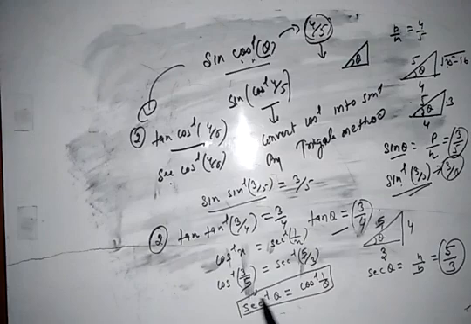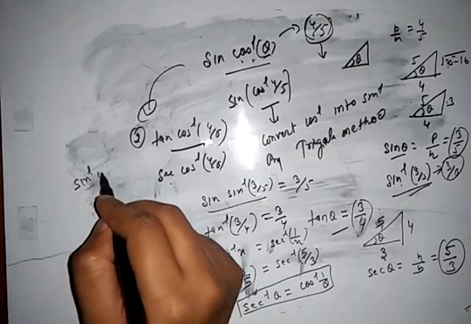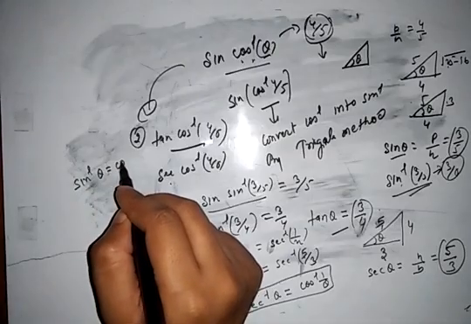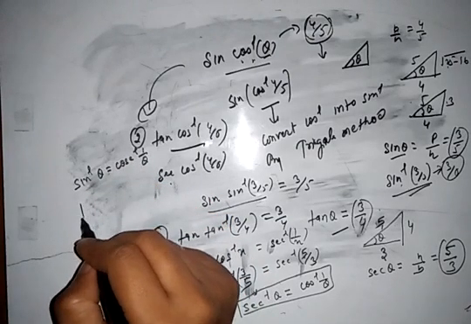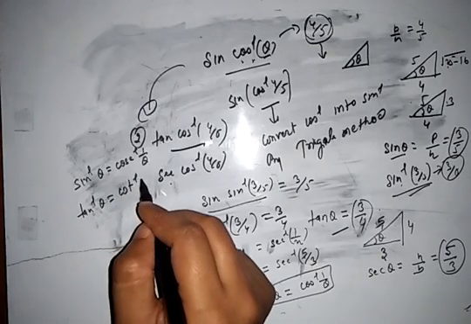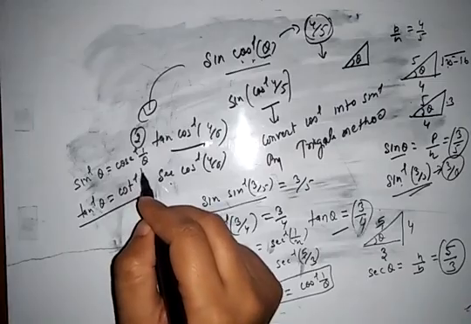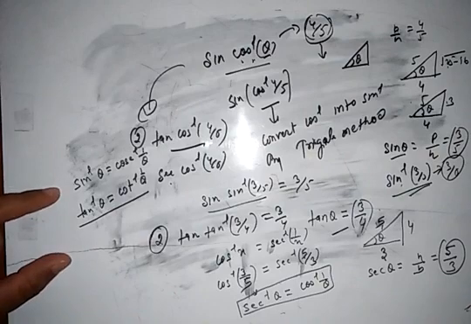Similarly in the case of sine, if sine inverse theta is given, you can say cosec inverse 1 by theta. Tan inverse theta, then you can say cot inverse 1 by theta. These are the basic properties. This is the method you can solve such types of questions.